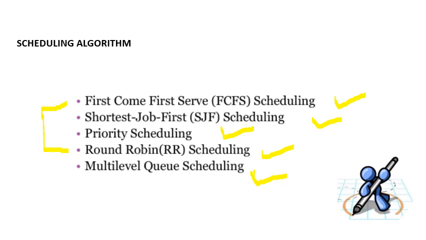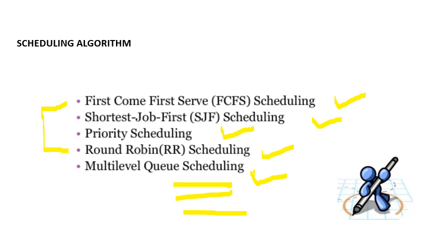The multi-level queue scheduling will give a combination of algorithms. There might be n number of queues, where different processes will be waiting in q1, q2, q3 and so on. For q1, any one of the algorithms can be used.